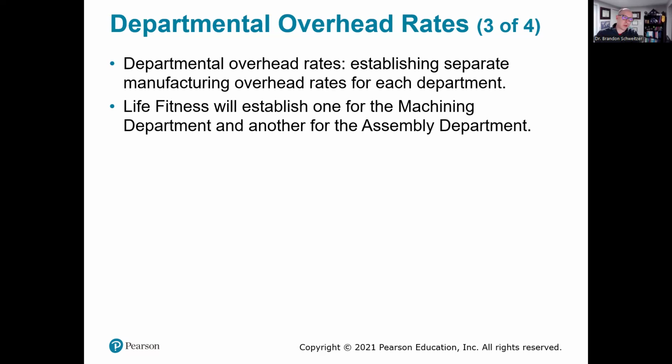Just as we saw in the earlier example, the machining department would typically take more or less time depending on the product, and the assembly department might take more or less time depending on the product. So in those cases, it's really important for us to look at applying overhead rates on a department level rather than just an entire plant-wide level. So that's what department overhead rates is all about.